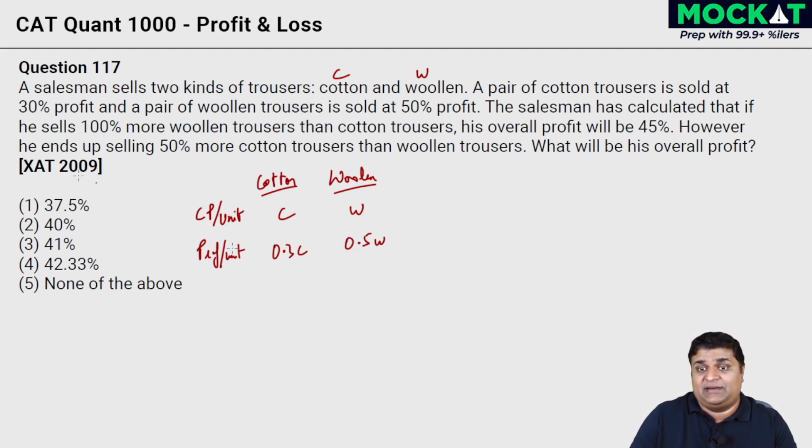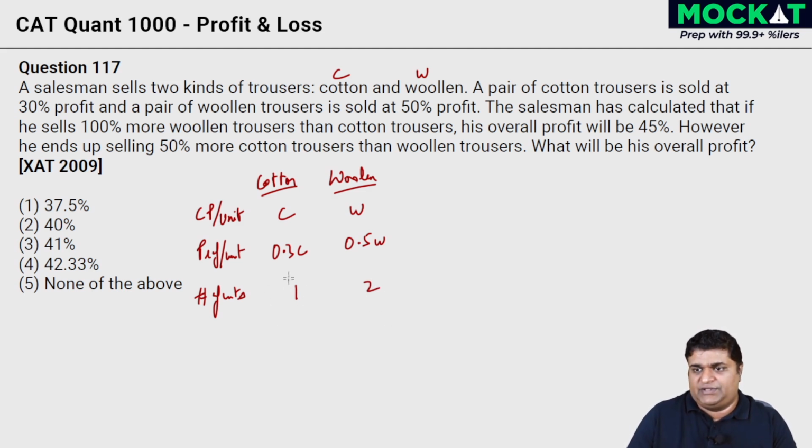The salesman has calculated that if he sells 100% more woolen than cotton in number of units, we can take it as a ratio. We can assume numbers over here. So if cotton is 1, woolen is 100% more, so it's 2. 100% of 1 is 1 extra, so that's 2, it's doubling it.